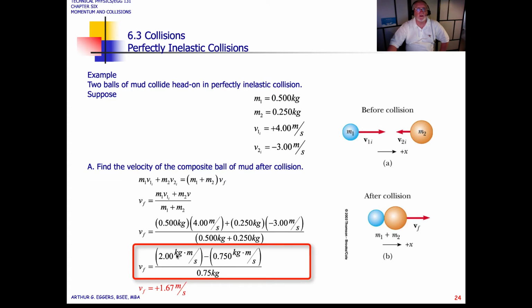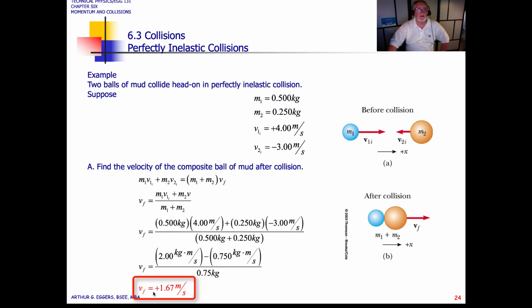So 2 kilogram meters per second minus 3/4 of a kilogram meter per second, divided by 3/4 of a kilogram, ends up giving us a final velocity of the two balls stuck together of 1.67 meters per second.